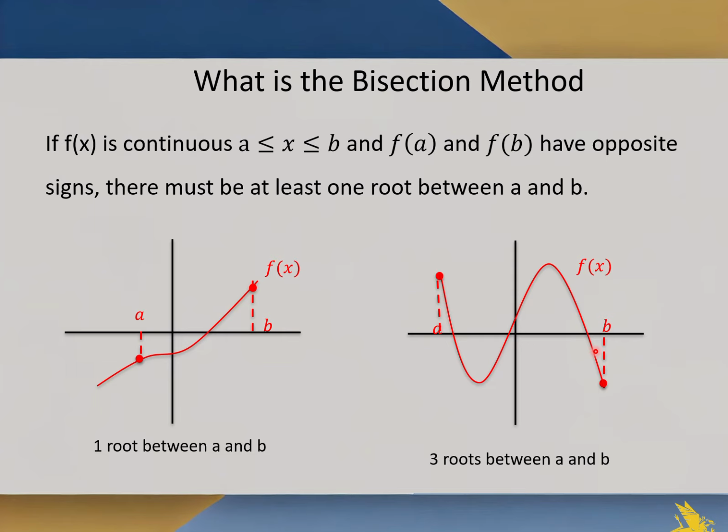And we can see here we've got three roots between A and B, whereas that first graph we've only got one. So this is where we can use it in terms of we get closer and closer until they practically meet, and we are just estimating that value.